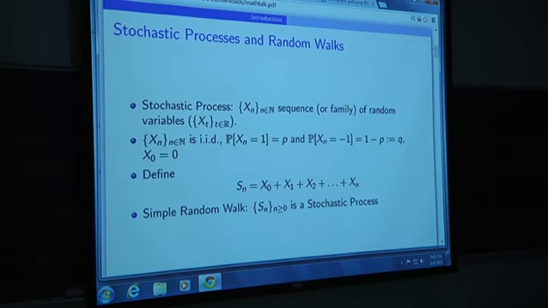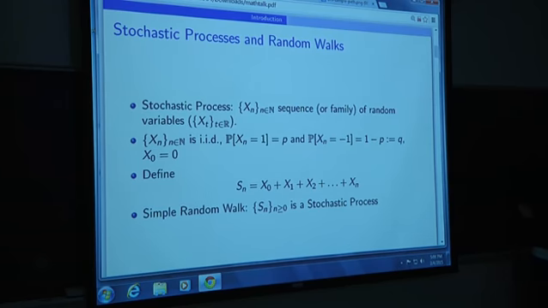So the first thing: what is a stochastic process? You just think of a sequence of random variables, or a family. You can index it by a countable set if you have a sequence, or a family if you have a continuum of random variables like X_t, where t belongs to R. Let's consider a very simple case when the X are IID, which is independent and identically distributed, and they take values 1 or -1, so it's a Bernoulli random variable.